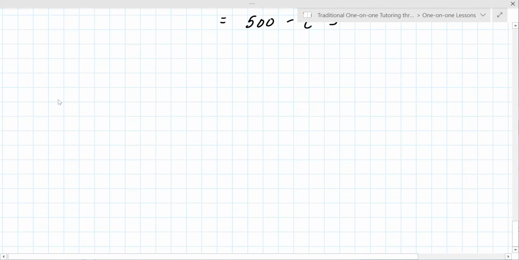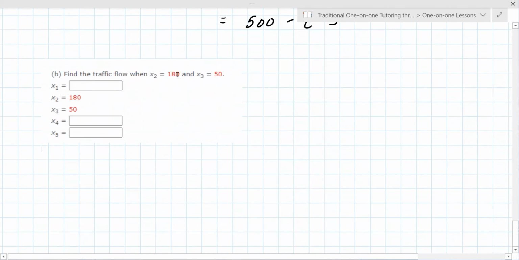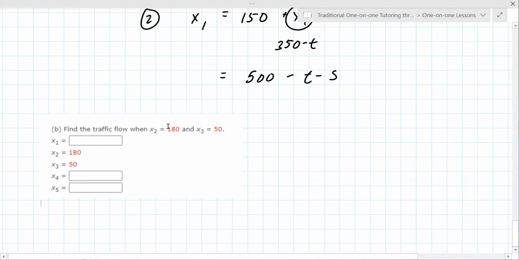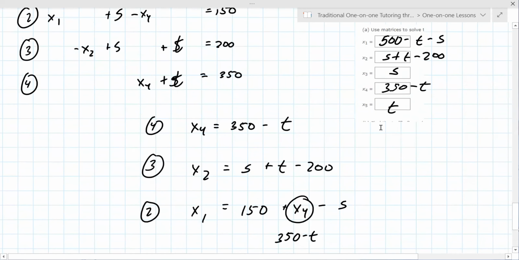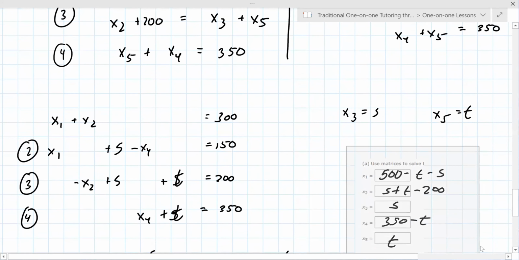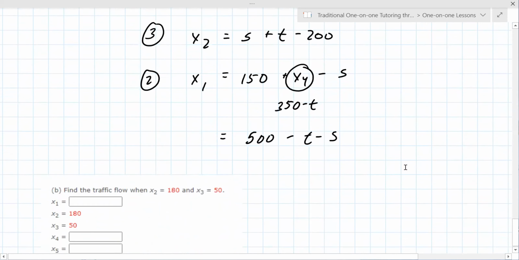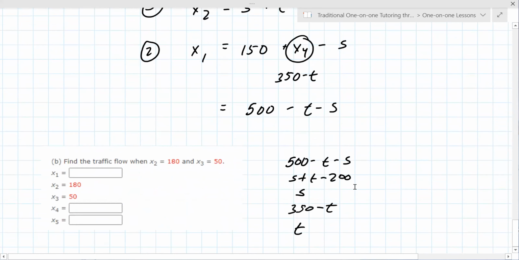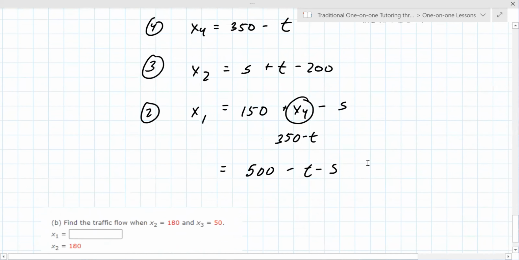The next part, you're just taking those values and you have enough to be able to solve for x2. Given these known values, you take your information here and you can solve for stuff.